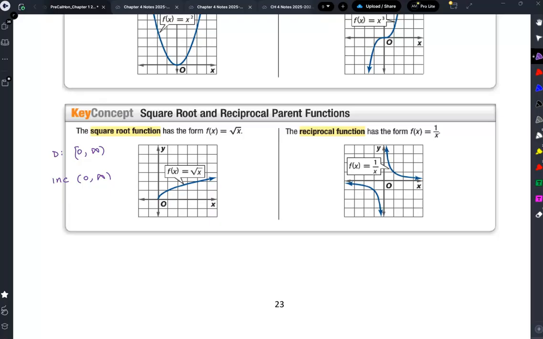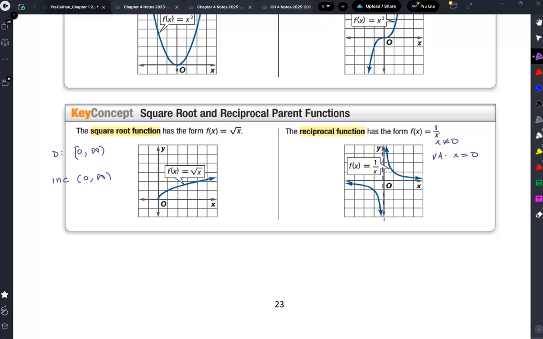What if x is 0? It's undefined, right? So x can't be 0. That means there is a vertical asymptote or an infinite discontinuity at x equals 0. So the vertical asymptote is x equals 0. Okay? Fabulous. So if I want a positive y value, do I take positive x or negative x?